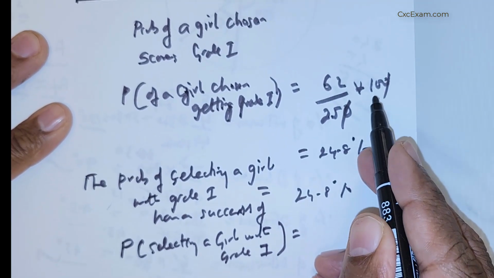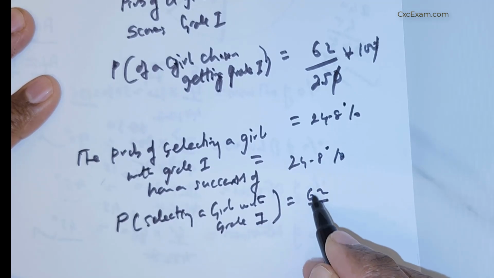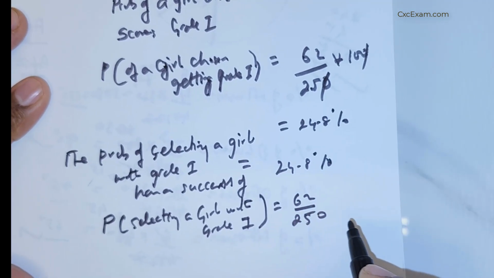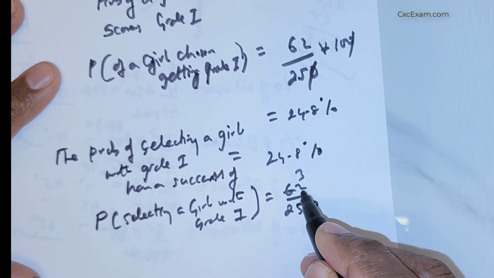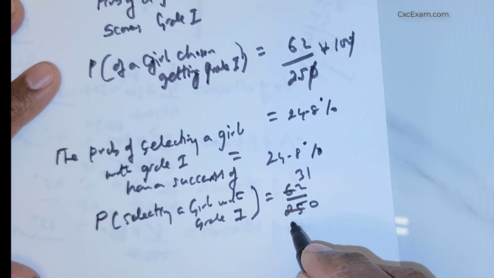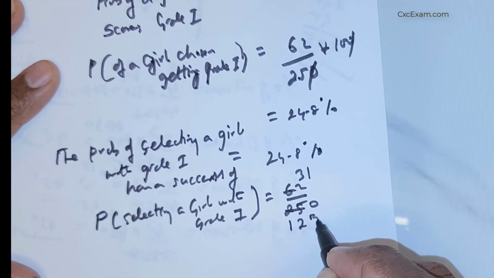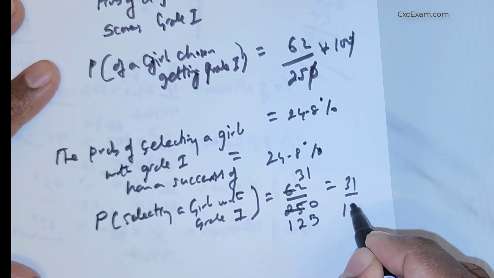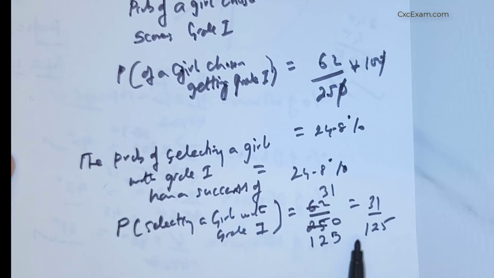So you don't have to convert or get the percentage for this. You can simply find 62 divided by 250. So that is going to be, 2 divides 3 times, 1 time, 2 divides here 1 time, 2 time, and 5 times. 2 2s are 4, 1, 5. So 31 over 125.